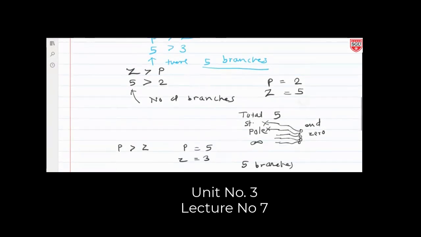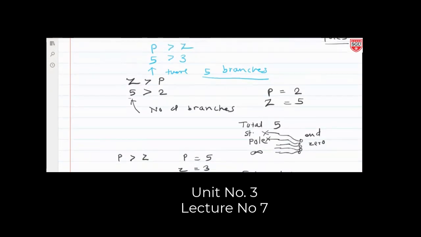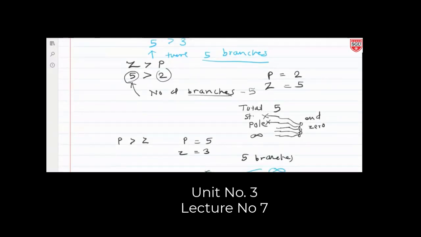Here we saw one example: zeros are 5, poles are 2, so the number of branches will be 5. Out of that, 2 branches will start from the 2 poles, and the other 3 branches start from infinity and end at the zeros.